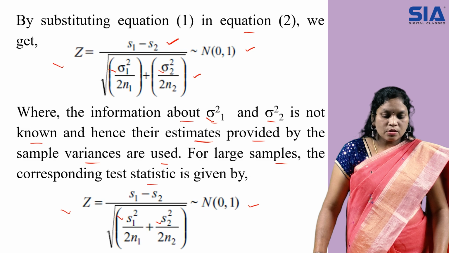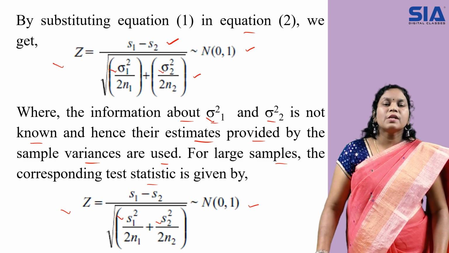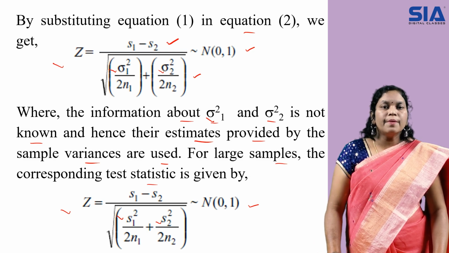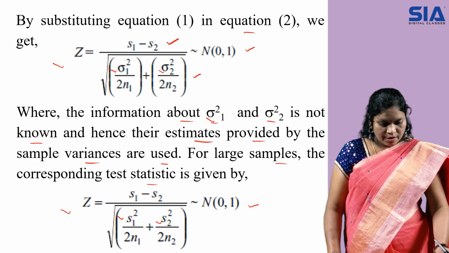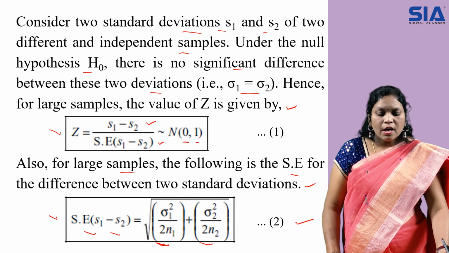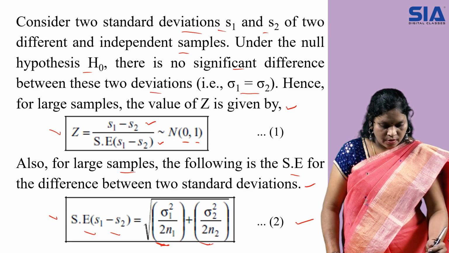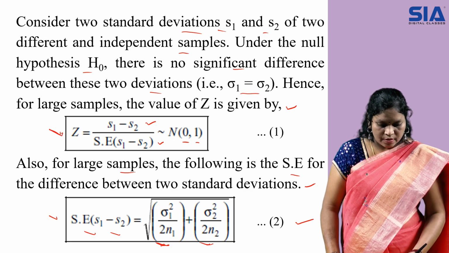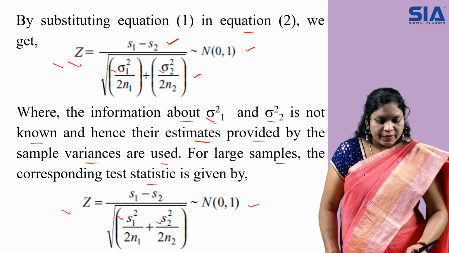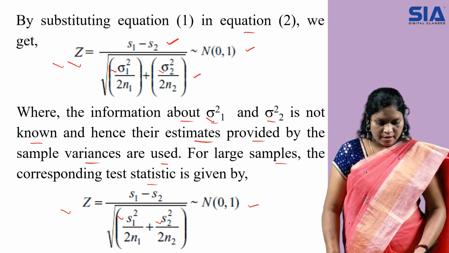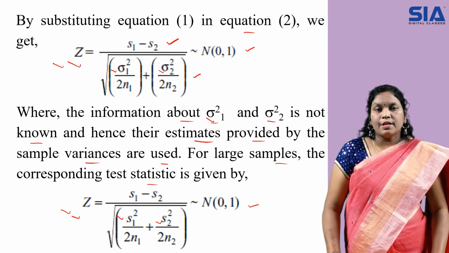So this is how we obtain the formula for difference of standard deviations, or two standard deviations, whenever we have them in hand. This is how we'll proceed with the data. So these are the formulas. This is the standard formula we are using. Out of that we have obtained two different situations: this one when population variances are there, and this one when sample variances are there.